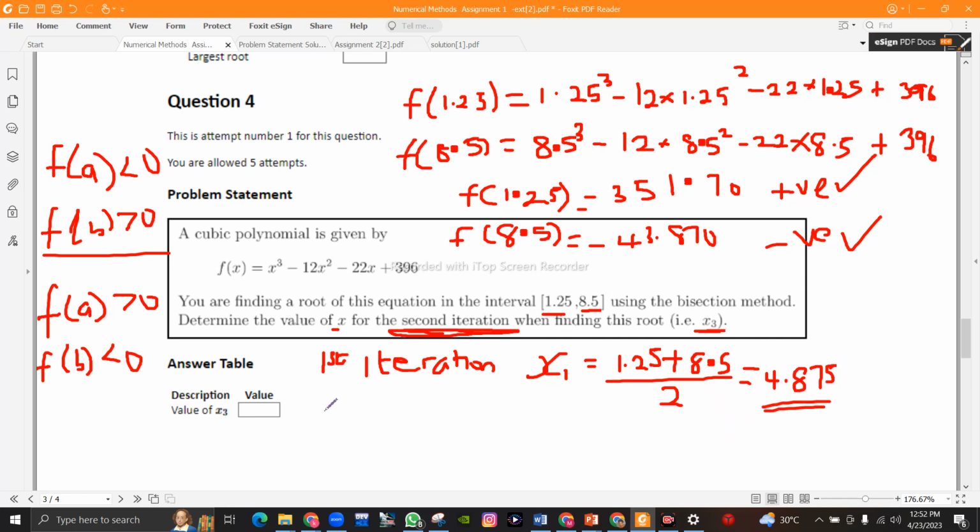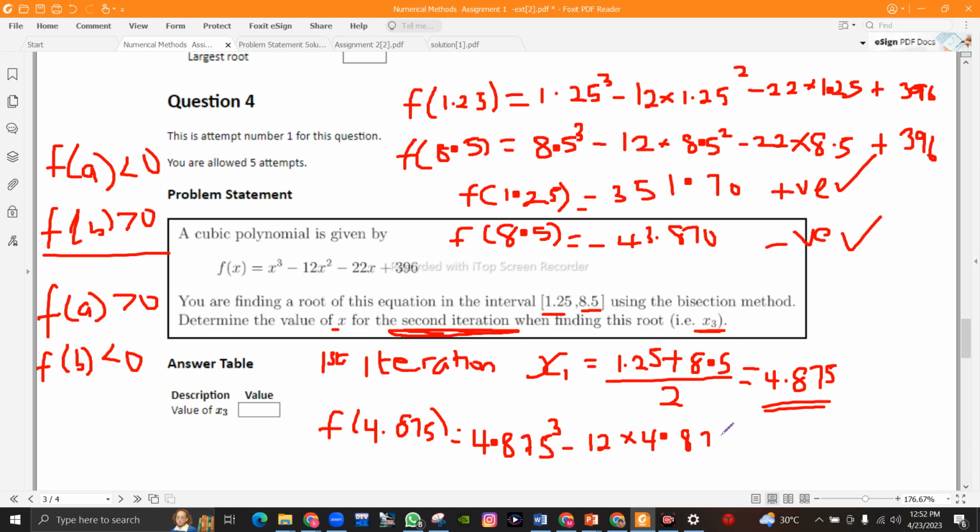So now let's find the function of this x that we got. f of 4.875. We put that back into this function. That will be 4.875 raised to power 3 minus 12 times 4.875 all squared, minus 22 times 4.875, plus 396.